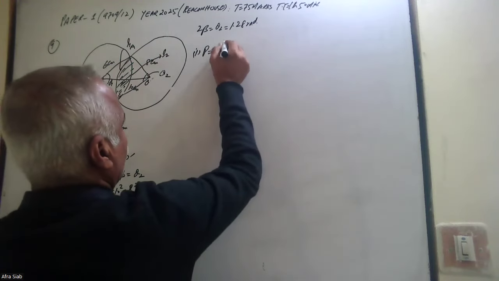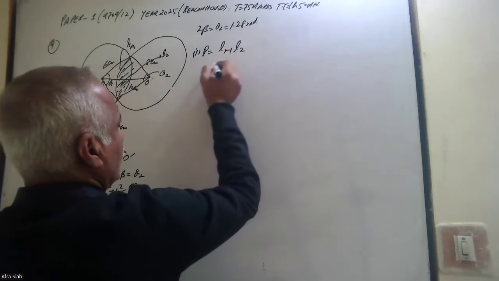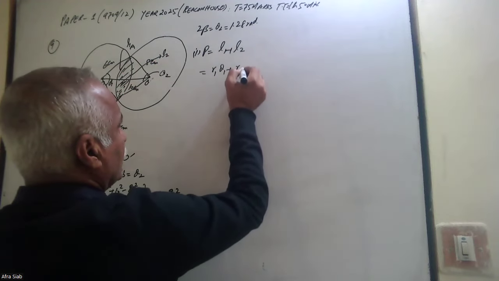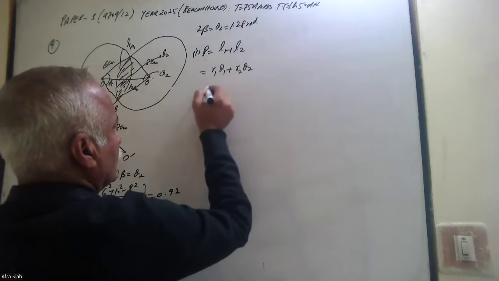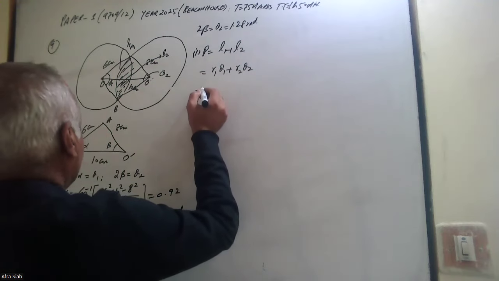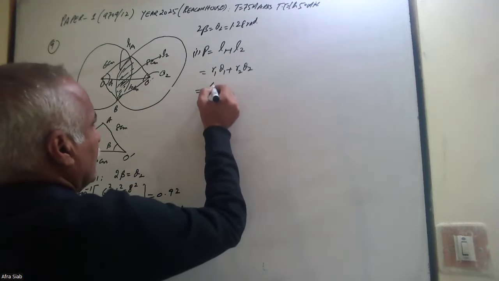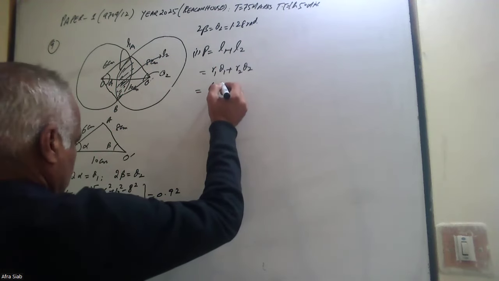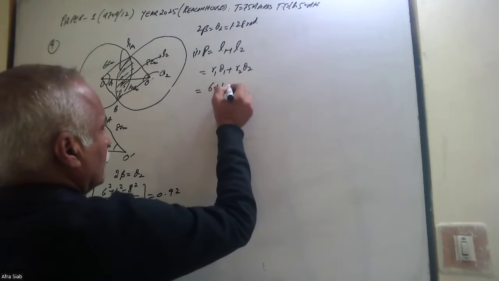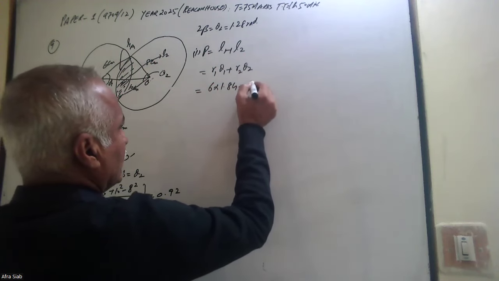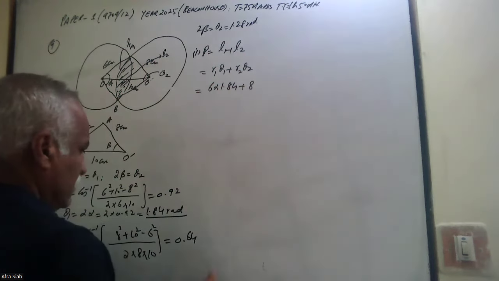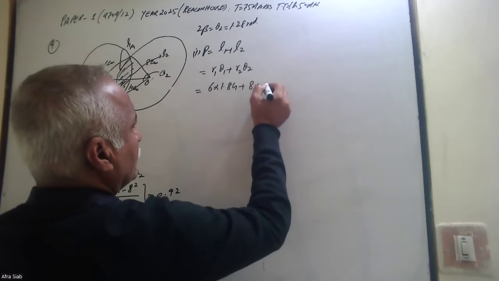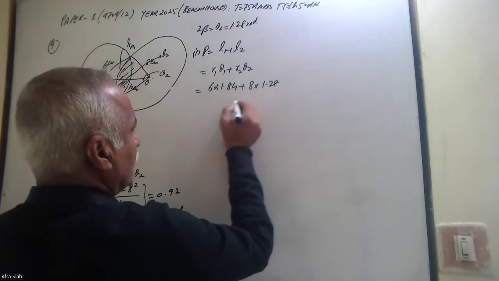So that is equal to L1 plus L2. L1 is R1 theta 1 and L2 is R2 theta 2, where R1 is 6 into theta 1, which is 1.84, plus R2 is 8 into 1.28.